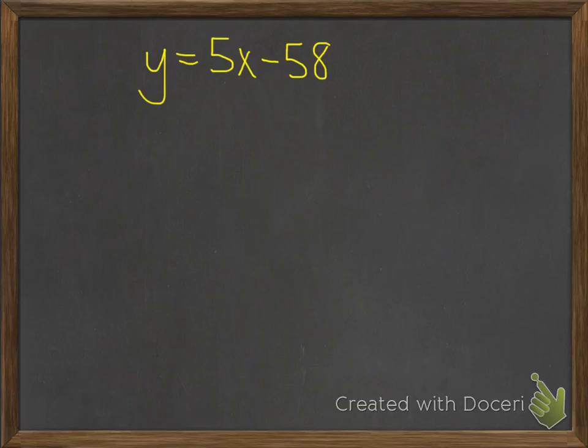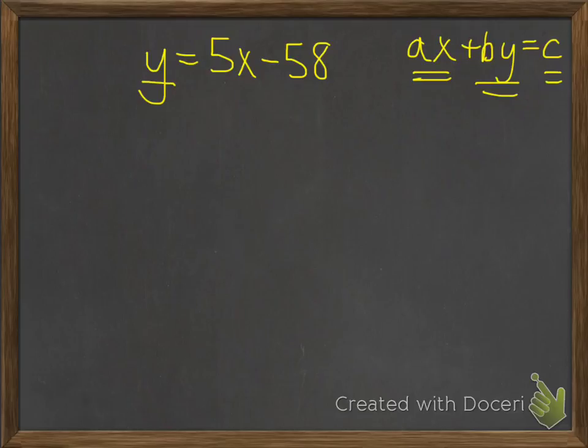Once again, we're going to go ahead and practice putting this in standard form. This time, and I'll write it over here, ax plus by equals c. So that means we need an x term, then a y term, and then a constant term. Okay, so we've got our y term, our x term, and our constant term. We just need to rearrange them.